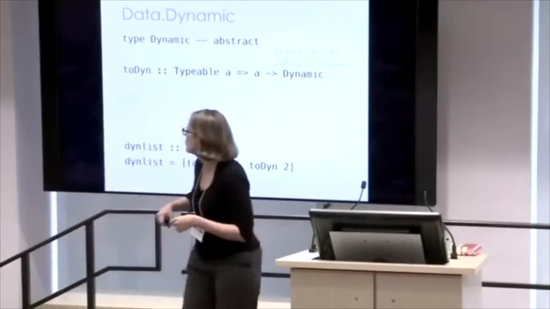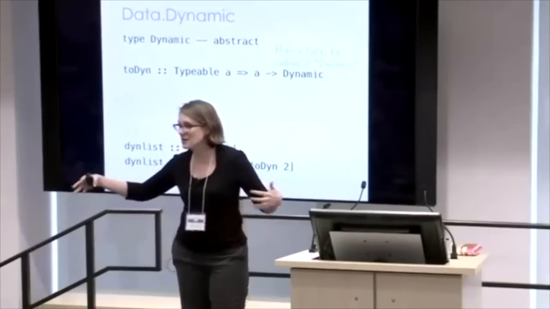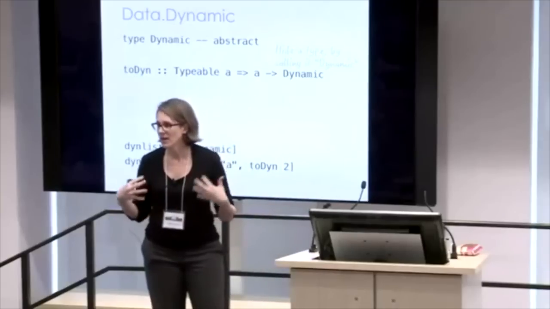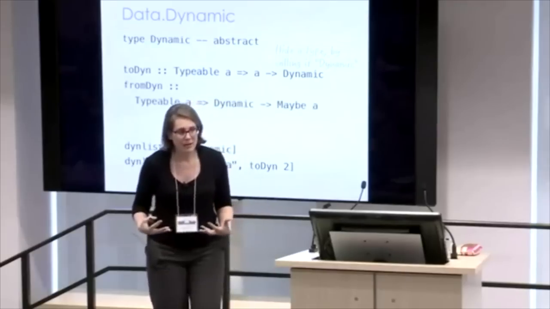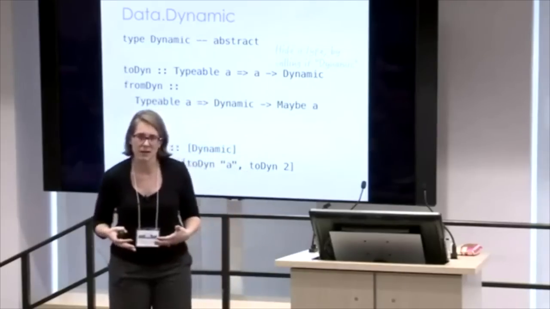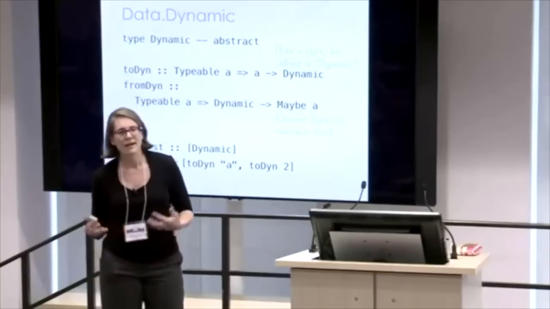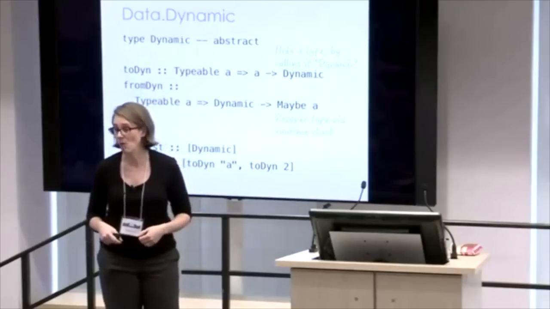Here's an example where we can create a heterogeneous list. We can have characters and numbers in the same list by just using this toDyn function, by coercing them to have Dynamic type. Then we can come back. We can say, if you have a dynamic value, let's do a runtime check and see if it happens to have the right type that you wanted.